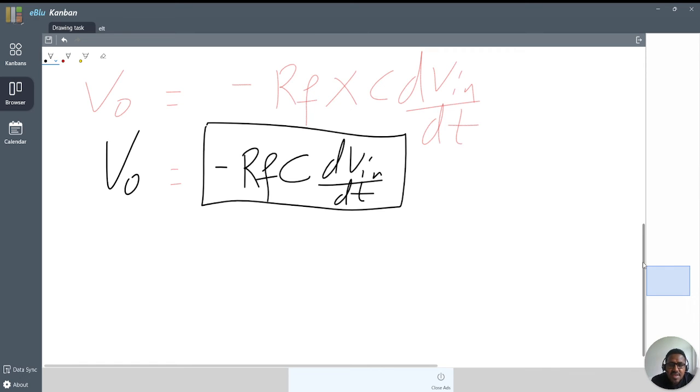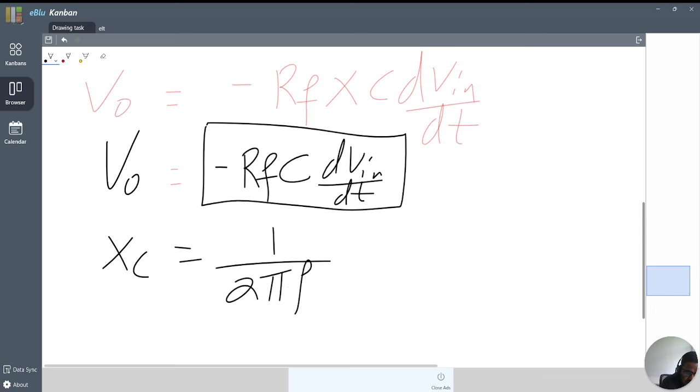When you apply a capacitor in AC circuits, it depends on the frequencies. That means capacitive reactance XC becomes 1 over 2 pi f C. So the gain of our op-amp depends on the frequency of the input.